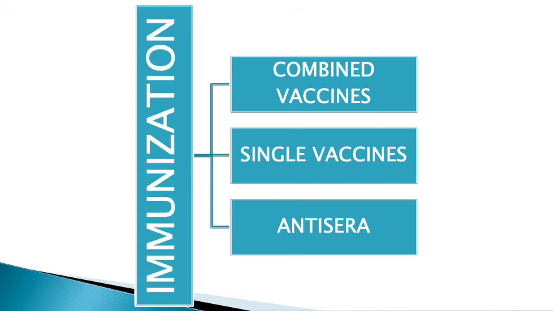Then we have the single vaccines, which include formol toxoid or alum precipitated toxoid or purified toxoid aluminum phosphate or purified toxoid aluminum hydroxide or toxoid antitoxin floccules and antisera, which are the diphtheria antitoxins.